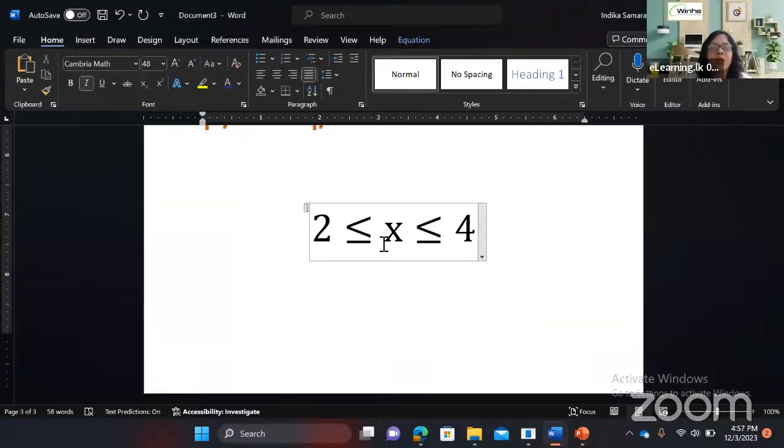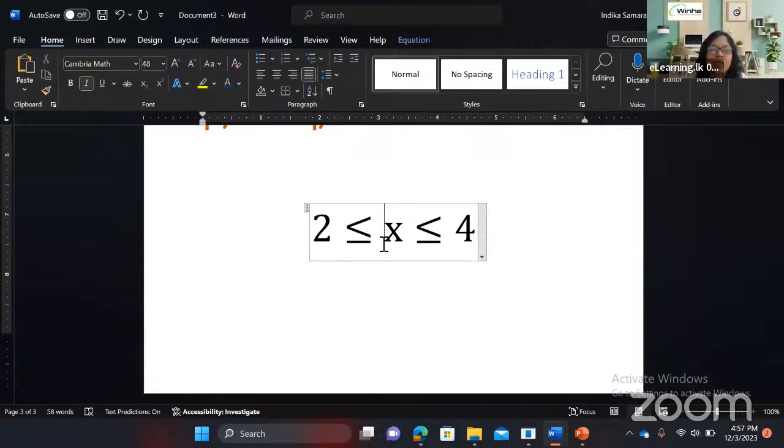The meaning of this is that the x value can be in between 2 and 4, right? It can be greater than or equal to 2, as well as less than or equal to 4.